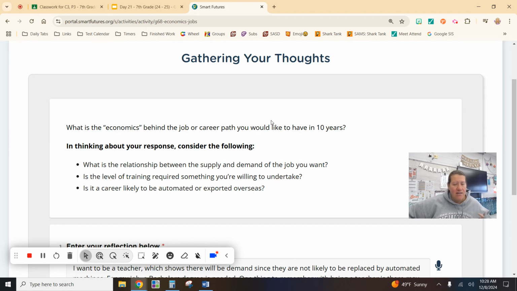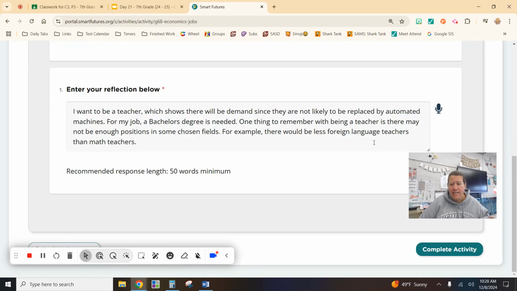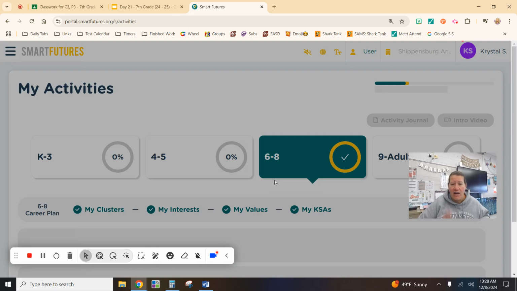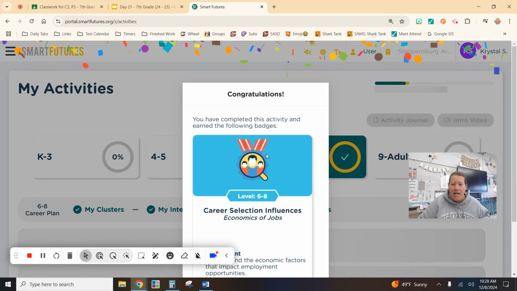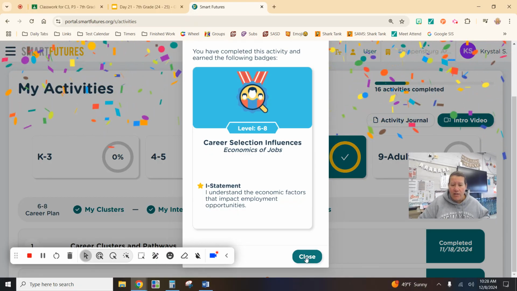Most likely not, as a teacher. Is yours going to be? I don't know. Or exported overseas, meaning there's no jobs here, and they're going to move that job to somewhere else in the world. So, 4 sentences when you have all of that, ready, confetti that, and make sure you do turn it in on your Google Classroom.